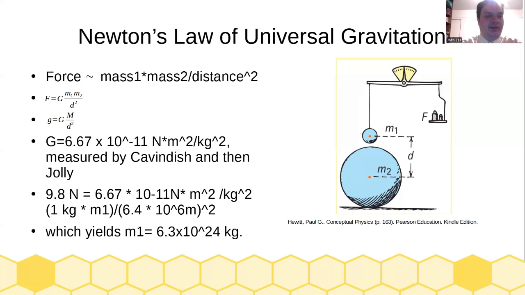The person who eventually found a value for big G was a physicist named Cavendish, who did a very complicated experiment. There was also a physicist named Jolly who did a simpler experiment that you can see on the side of this slide. In this experiment, he took two masses, m1 and m2, which were set some distance d apart.